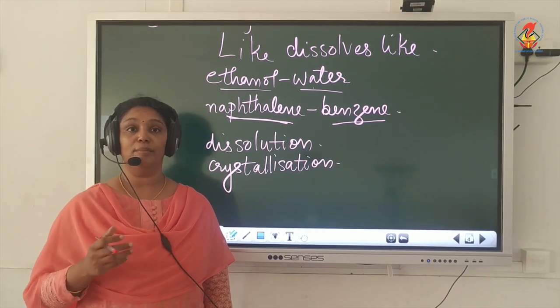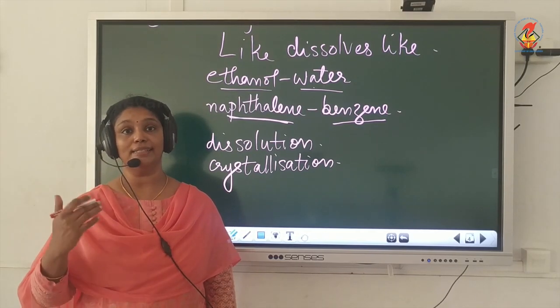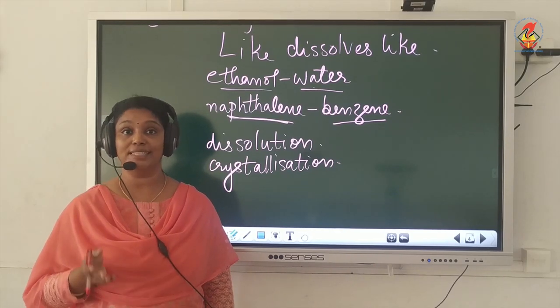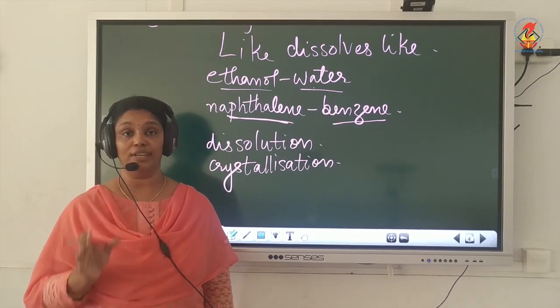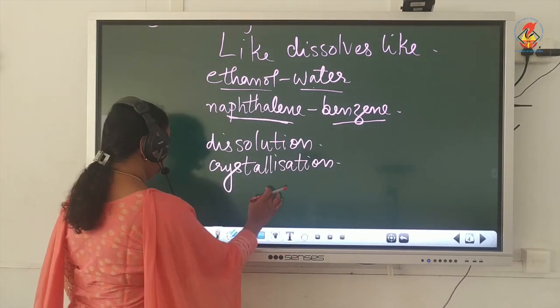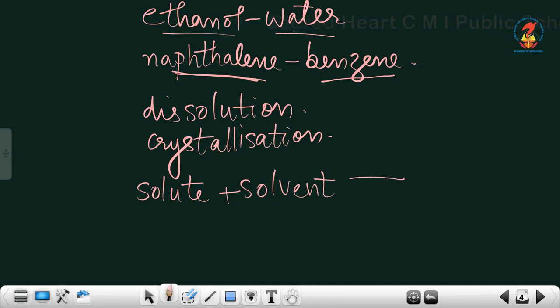That is, the number of sugar particles going into solution and the number coming out of solution become the same. We say that the solution has reached dynamic equilibrium. We can show that equilibrium as solute plus solvent in equilibrium with solution.